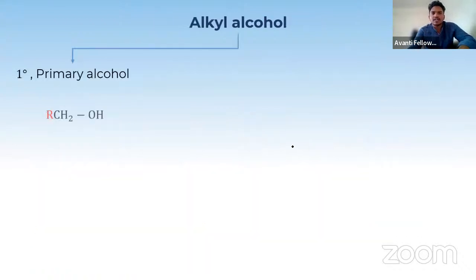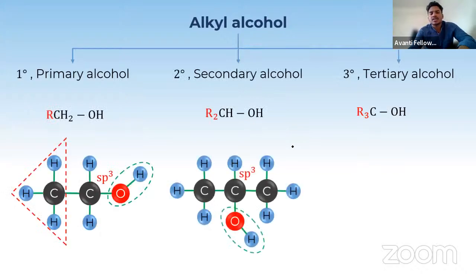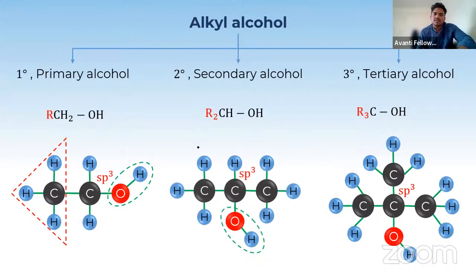First one, alkyl alcohols. How do you differentiate them? Simply by the number of attached carbons. This carbon is attached with the alcohol group, so this is our main alcohol group. This is the carbon where the OH group is attached. But this carbon is attached to how many carbons? Only one carbon, so this is primary.